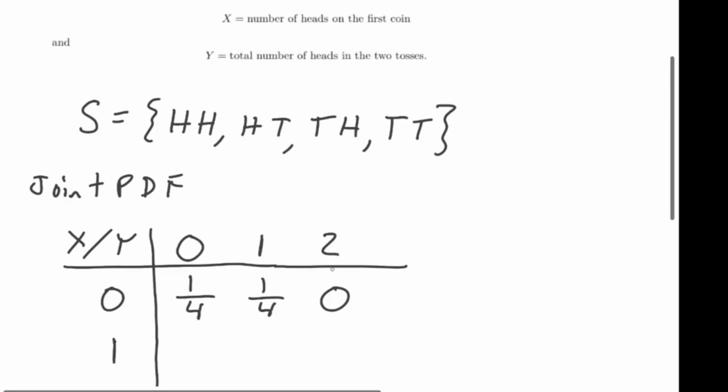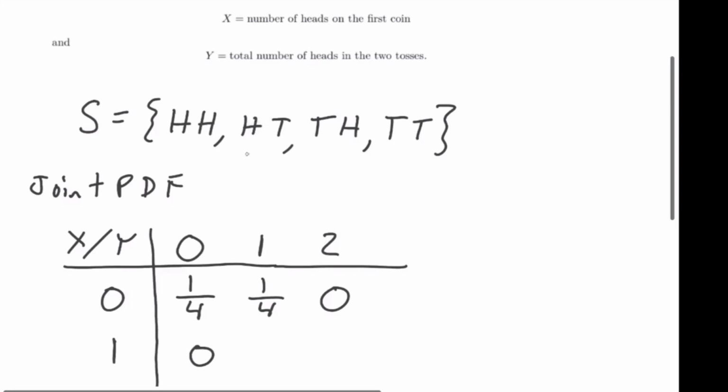So that's impossible. Now let's look at the first toss being a head and the total number of heads being 0, right? That's also impossible. We can't have 1 head in the first toss and there being 0 total heads. Now the next one is the first toss is a head and there's a total of 1 head.